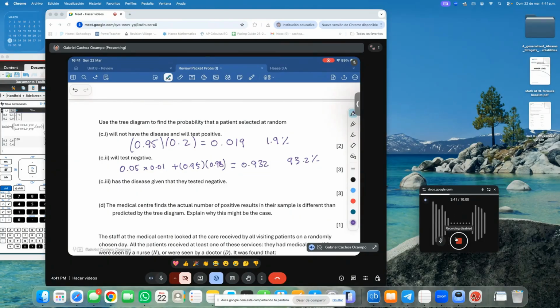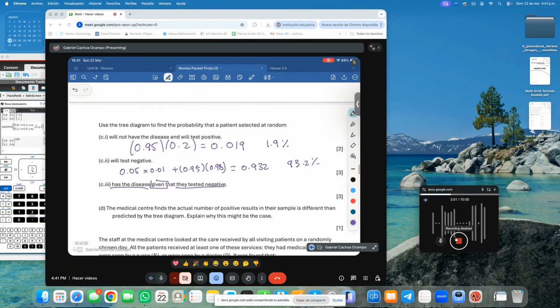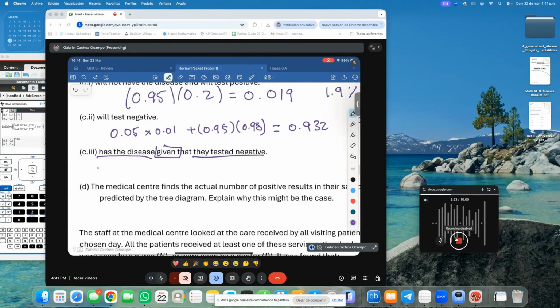Okay, now what is the probability that a patient has the disease given that they tested negative? So I already know I am asking for the probability that a patient has the disease given that the test is negative. So if you remember the Bayes theorem formula that I have here, where do I have it?